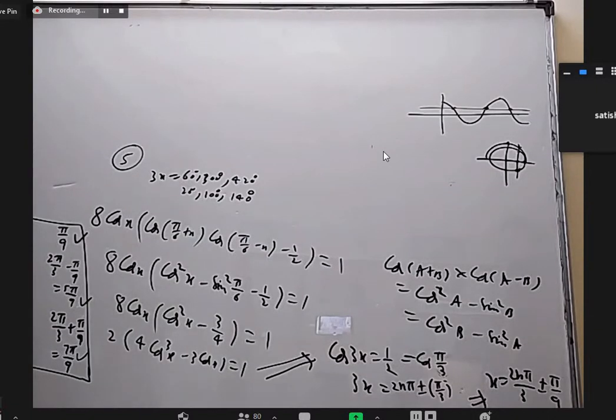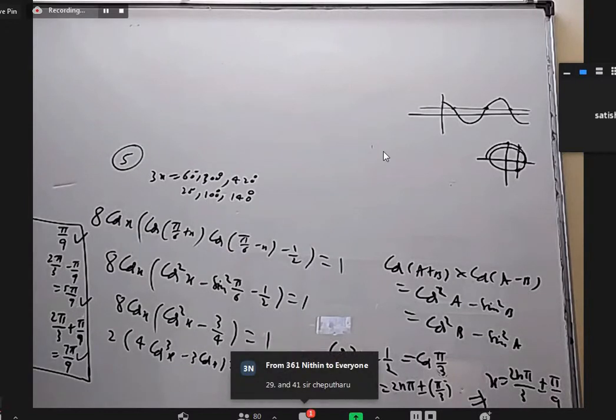LHS. Anybody want to tell what is the maximum value of LHS? Less than 4, not 4. Less than or equal to 4. Okay.